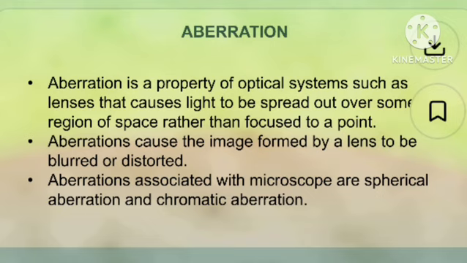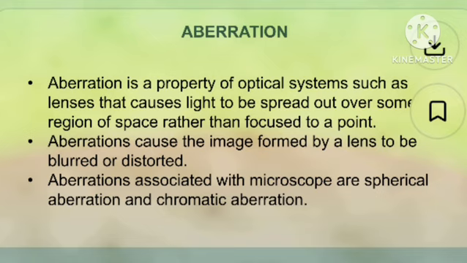The next principle is aberration. Aberration is a property of optical systems such as lenses that causes light to be spread out over some region of space rather than focused to a point.